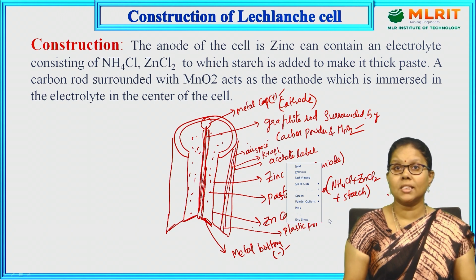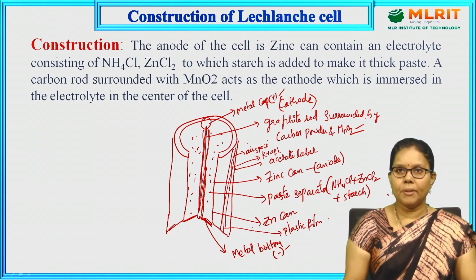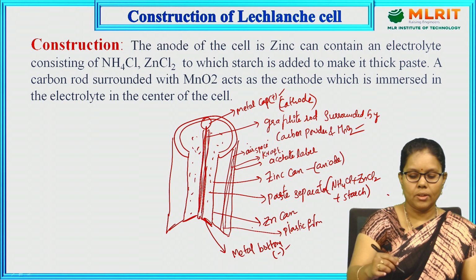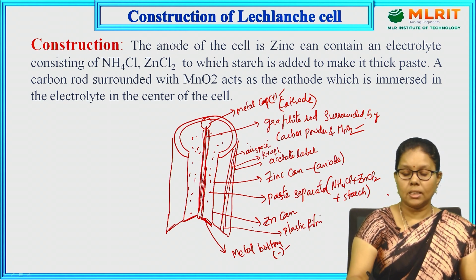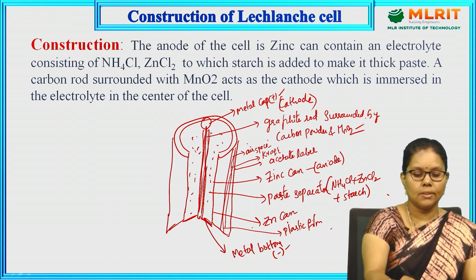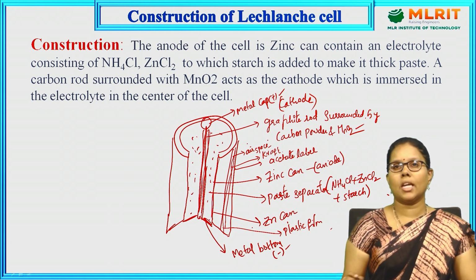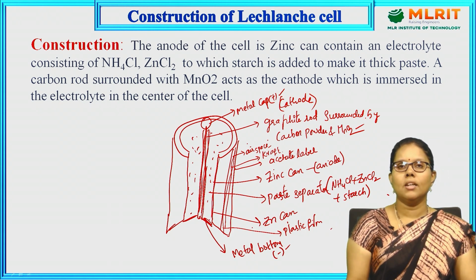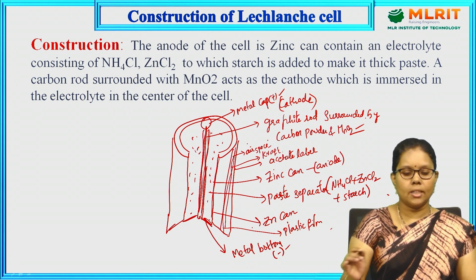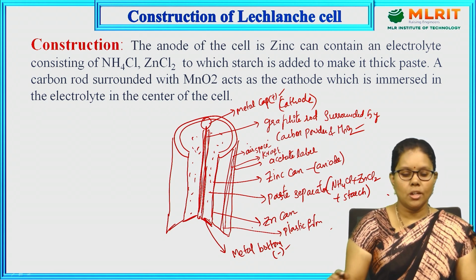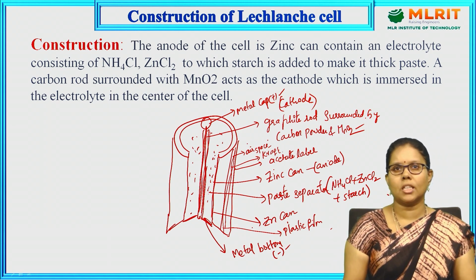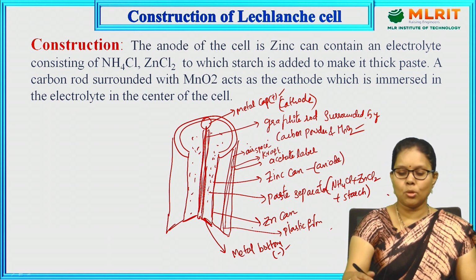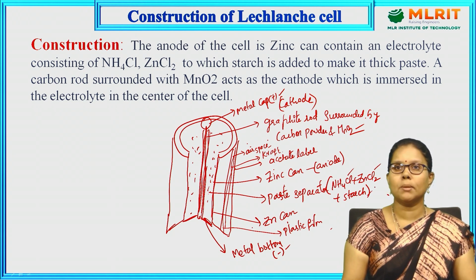Between the kraft paper and the plastic film, there is an air space which acts as an insulator, and the final one is the zinc can, which acts as the anode, and the graphite rod, which acts as the cathode, separated by the paste of ammonium chloride, zinc chloride and starch, which acts as the separator.